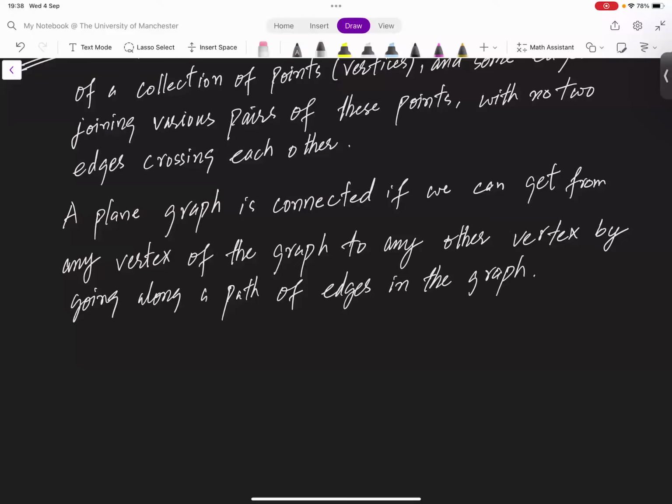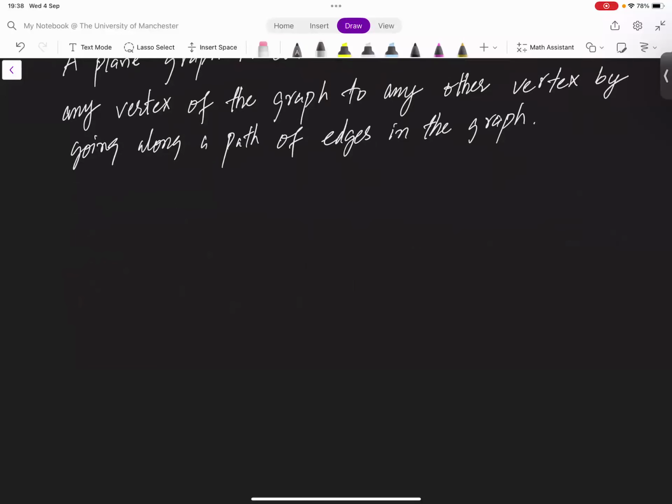For example, the connected graph is going to be like this.